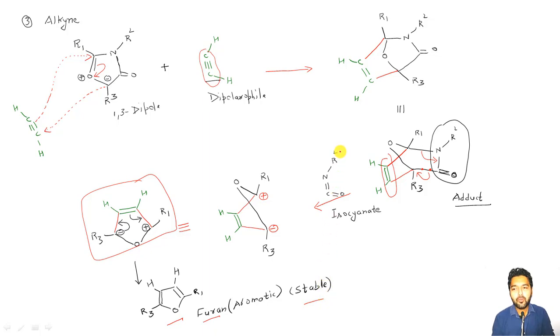So this means why this reaction is not stopping at this stage as it was happening in the other two reactions, because in those two reactions, the reaction with alkene and some carbonyl compound, the aromatic product formation in the end by the release of some isocyanate molecule is not possible, but only in this case it is possible. So dear students, isocyanate is going like this, resulting in the formation of a very stable aromatic molecule here. So this is the difference between those two reactions and this one reaction here. It is different from other two reactions. It won't be stopping here at this stage.